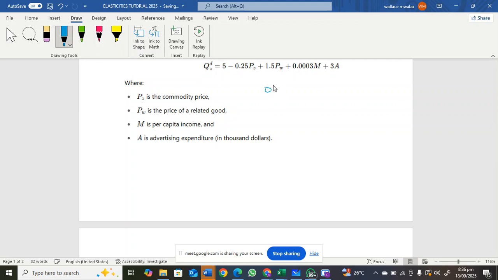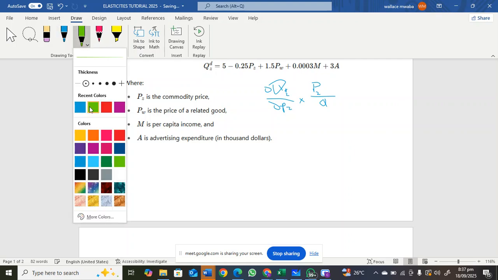The partial derivative of our demand function, QDZ, with respect to the price of good Z. We're deriving this function with respect to the price of good Z, meaning it's the variable that we'll be focusing on, multiplied by the price of good Z over the quantity demanded of good Z. Okay, this is the formula for own price elasticity of demand.